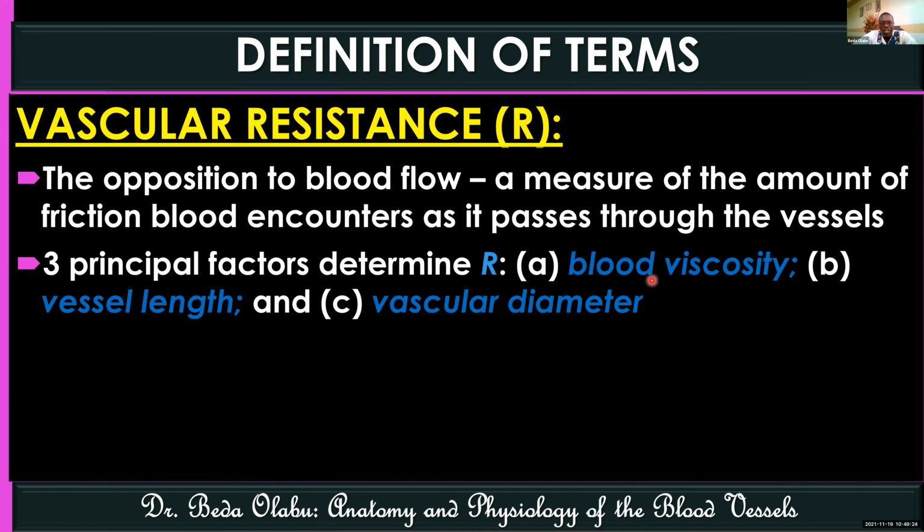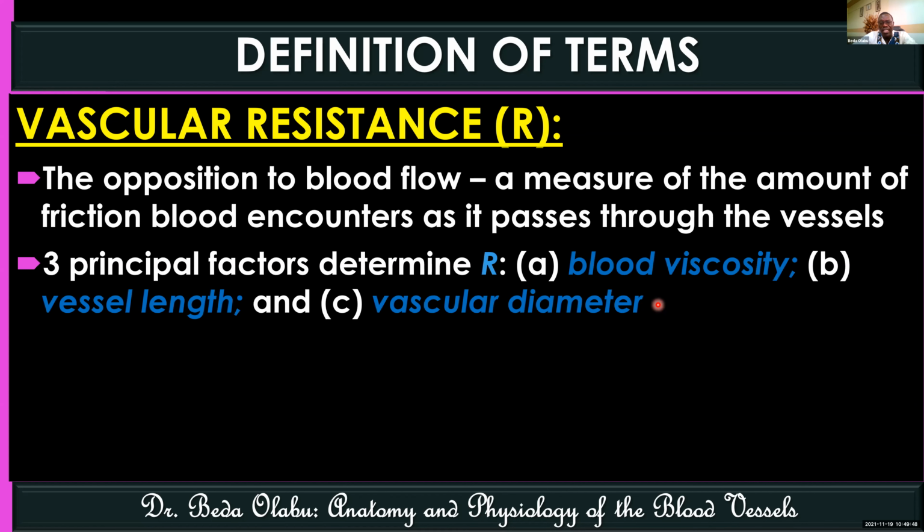So even though we are saying that there are three principal factors that contribute to resistance to flow, the main physiological factor that will determine resistance is the vascular diameter. Because arteries and arterioles vasoconstrict and vasodilate at any given time, even within seconds.